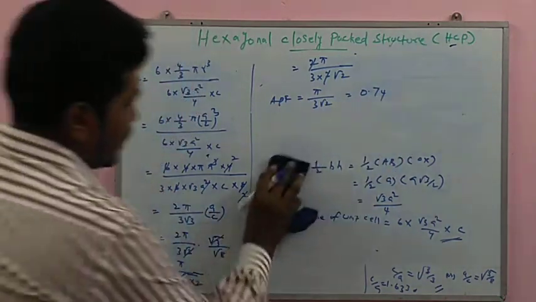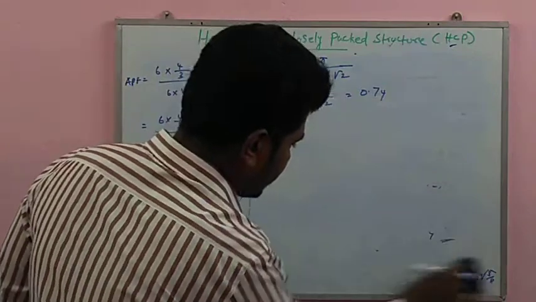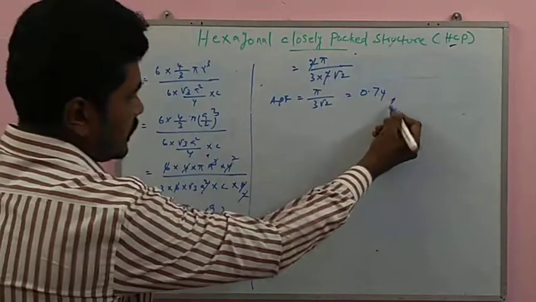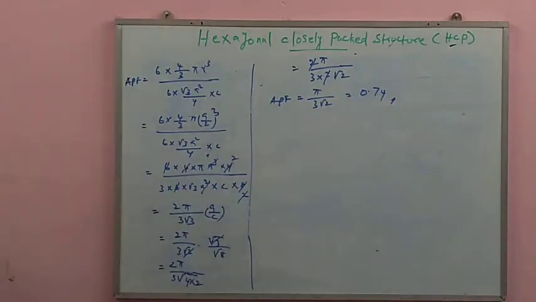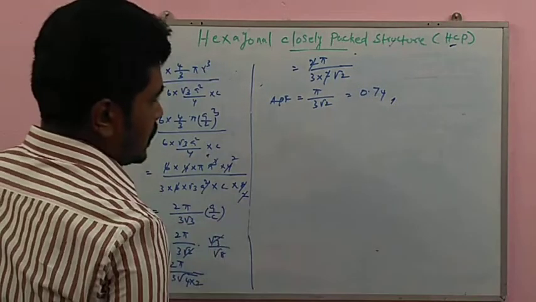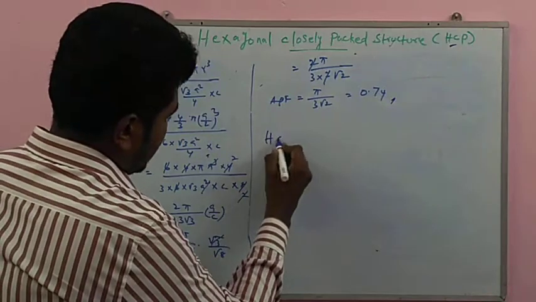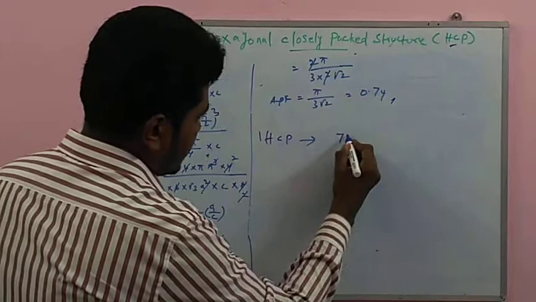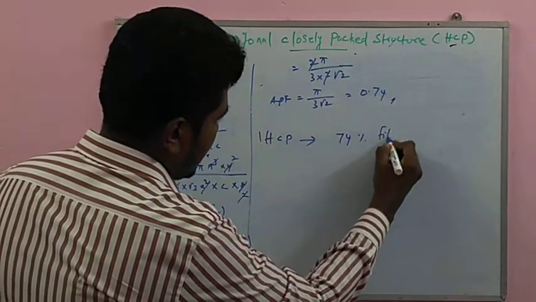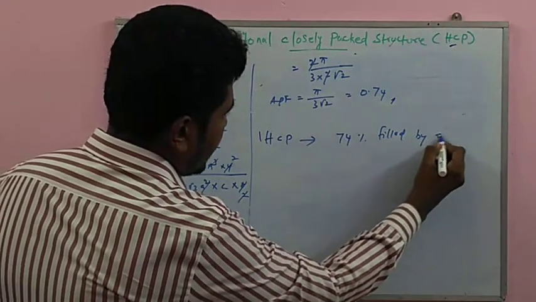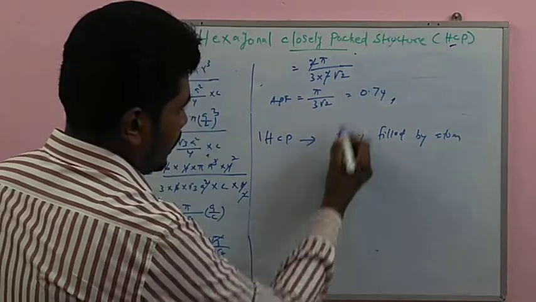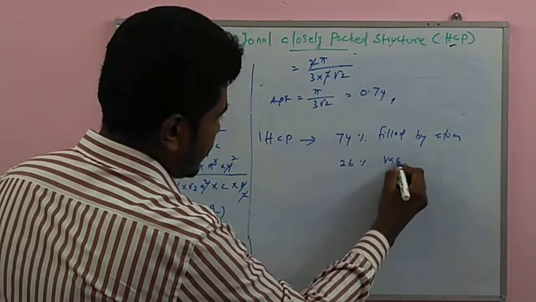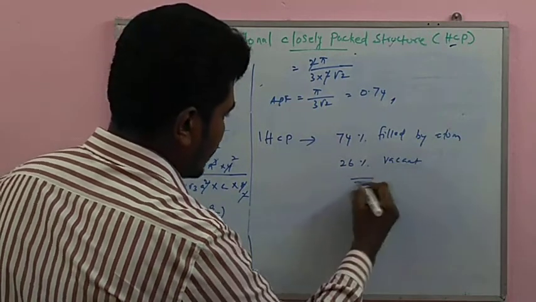Then, how to find the number of atoms occupying the unit cell. In this HCP structure, 74 percent is filled by atoms, and the remaining 26 percent of places are vacant.